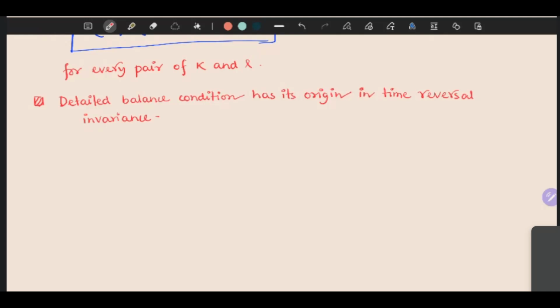So detailed balance means it has a time reversal invariance. And also, if some system is in thermal equilibrium, that also talks about detailed balance.